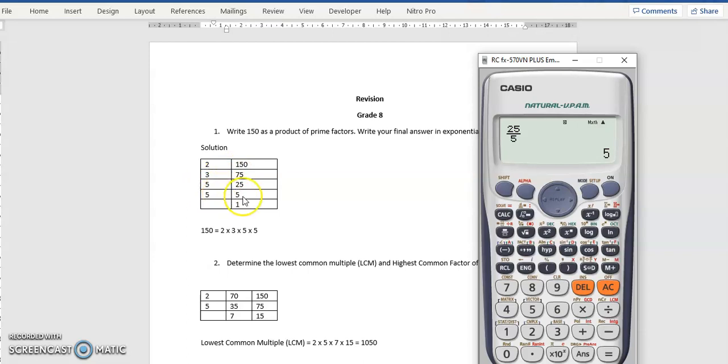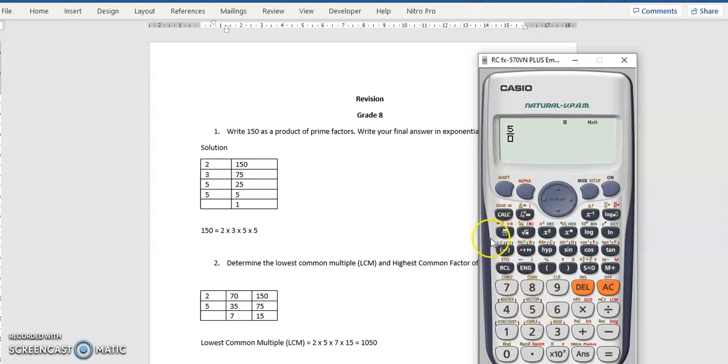Alright, so now we are here. What number can divide 5 without a remainder? You do the same thing. Let's do it. Oh, I've erased it. Erasing it is wasting time, eh? So you don't erase it. Okay, let's press this again.